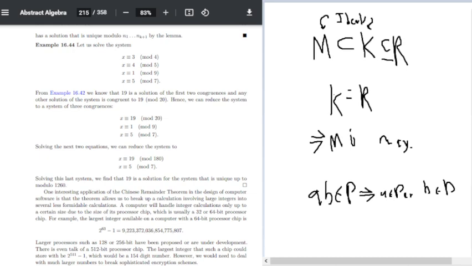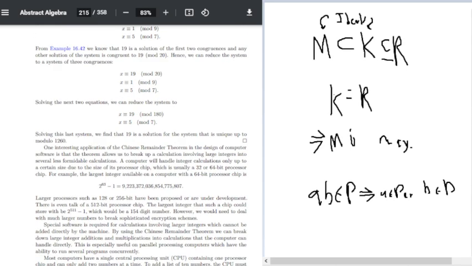Hence, we can reduce the system to a system of 3 congruences. x is congruent to 19 mod 20, x is congruent to 1 mod 9, and x is congruent to 5 mod 7. Solving the next two equations, we can reduce the system to x is congruent to 19 mod 180, and x is congruent to 5 mod 7. Solving this last system, we find that 19 is the solution for the system that is unique up to modulo 1260.